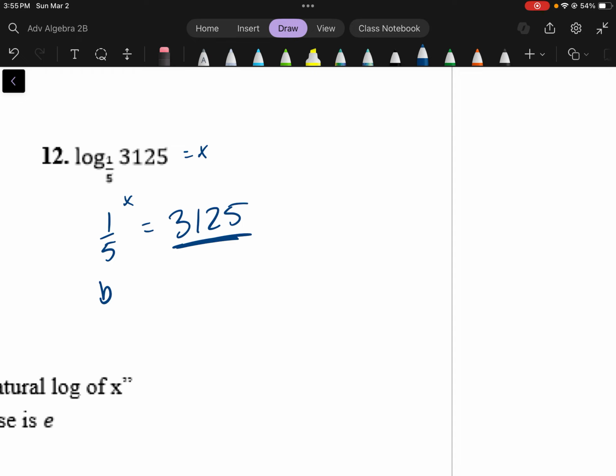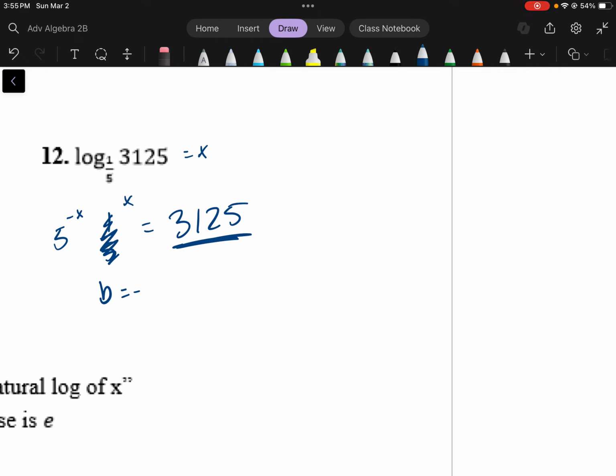So in my brain, I need to think, well, then I need to make b at least a negative, because that negative would change this 1/5 to turn into 5 to the negative x. And then I need to think, well, 5 to the what power is going to get me 3125?